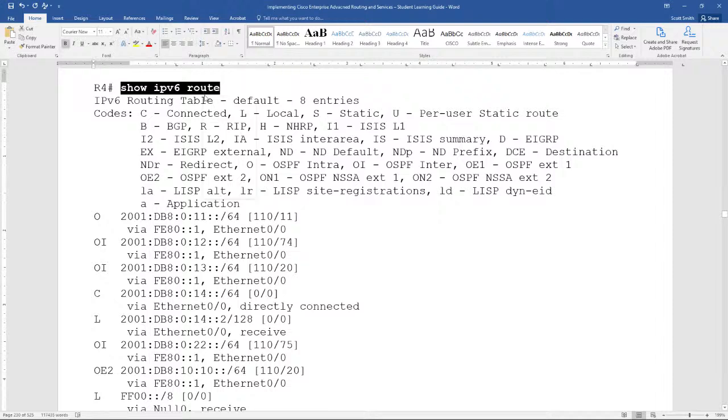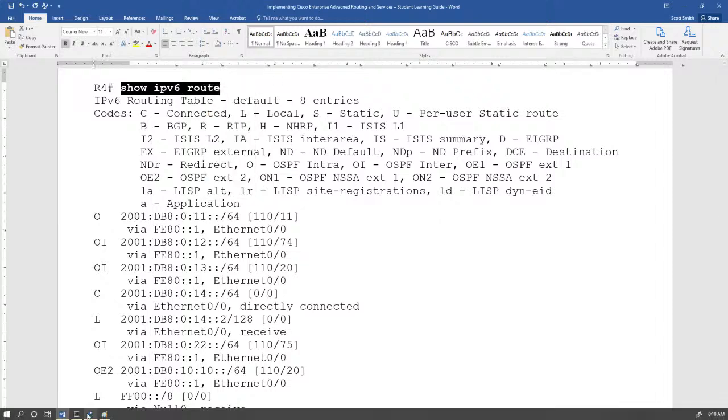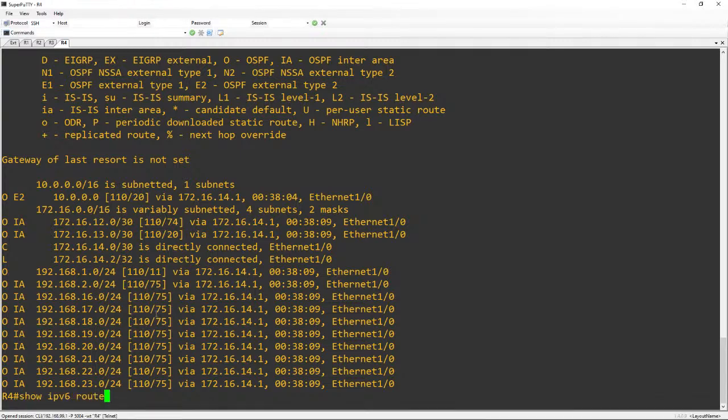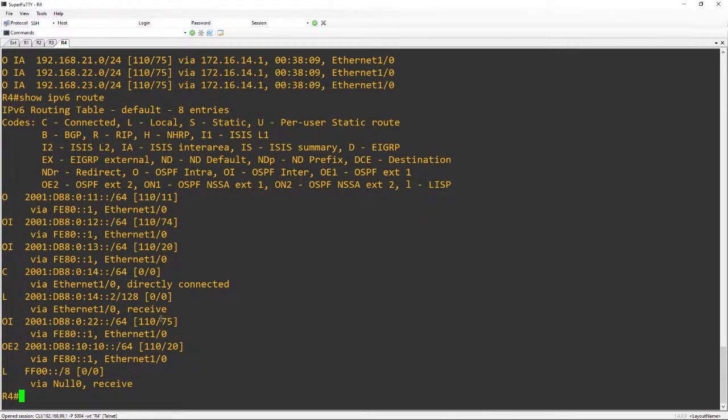So show IPv6 route, let's go ahead and do that on router 4. And again, really we should just see what we expect to see. Very similar to V4. There's the OIA, there's the OIA, there's the OIA. We don't have any of those secondary addresses. There is the external route that's coming from the ASBR in area 2.